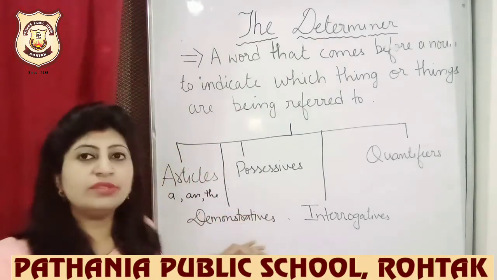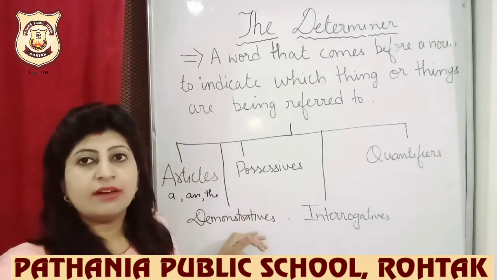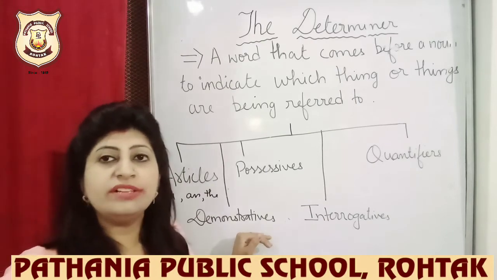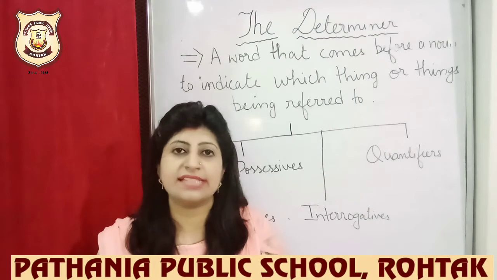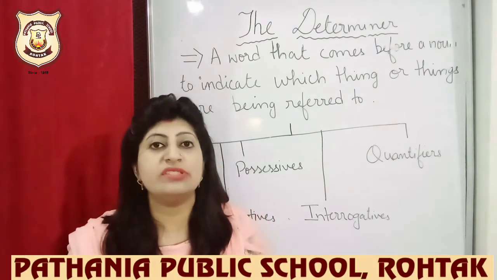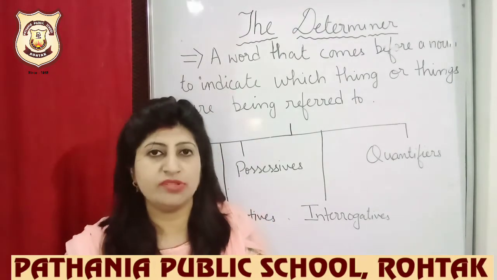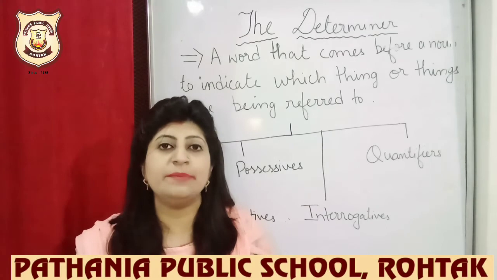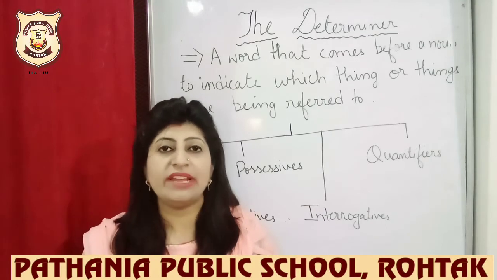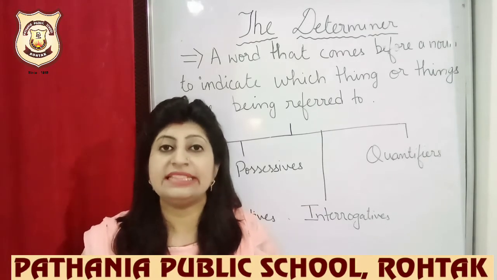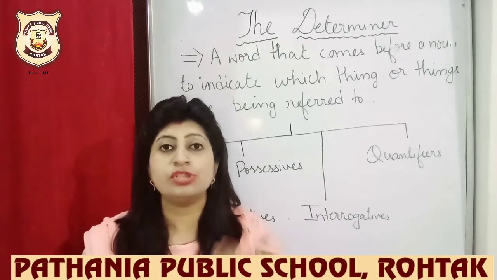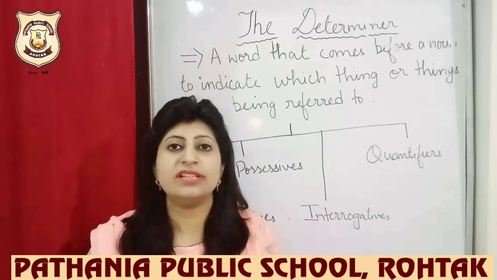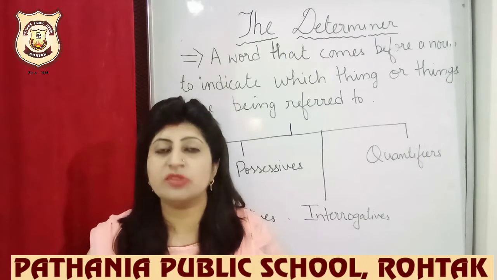Moving ahead to the second subpart, that is demonstratives. The word demonstrative has come from the word demonstrate, and demonstrate means to show. So when we use words like this, that, these, those to show something, these words are referred to as demonstratives.